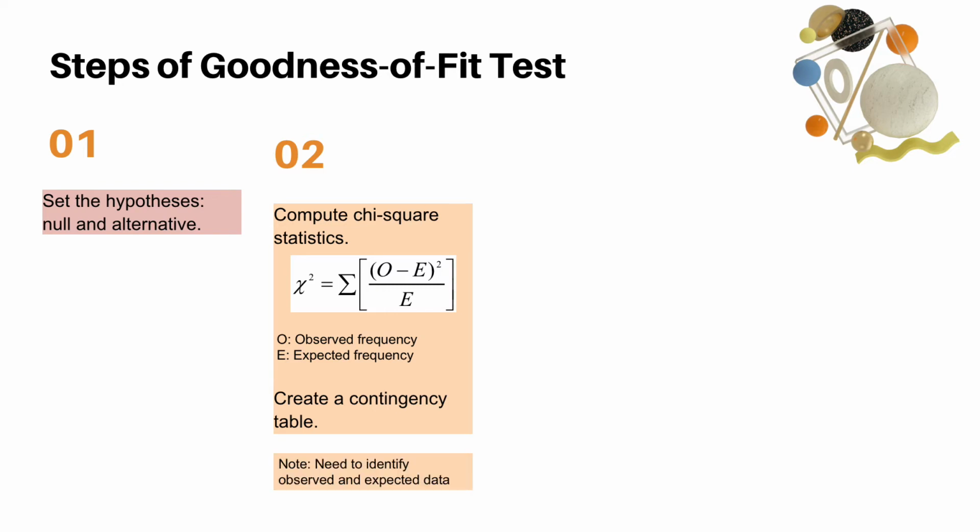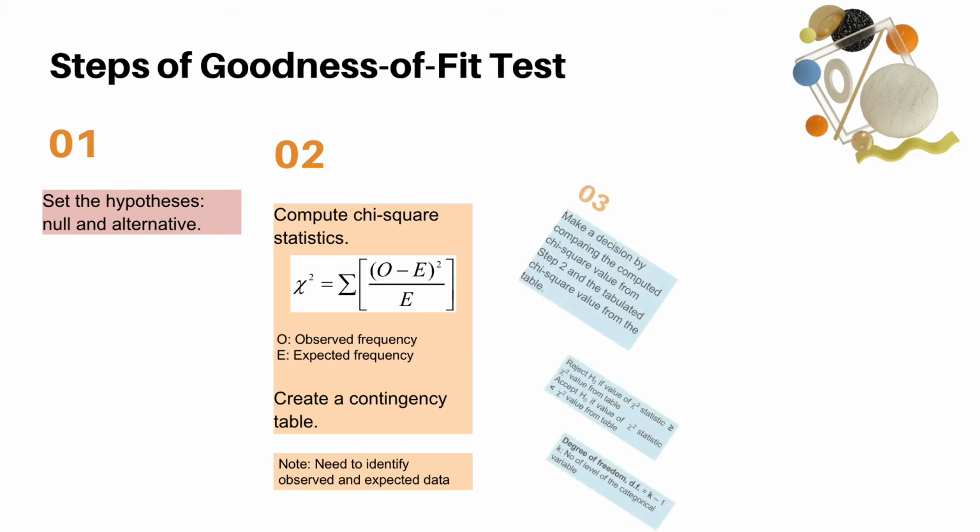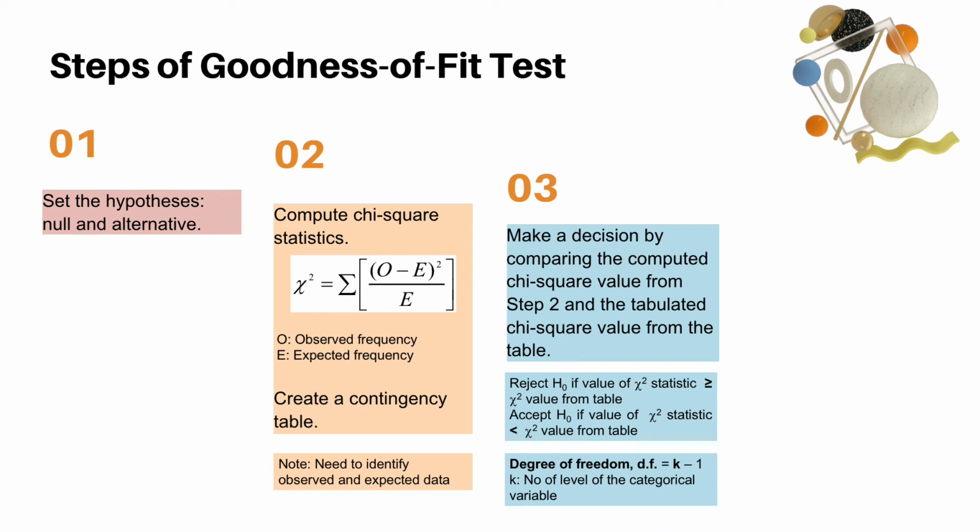Additionally, we need to identify the observed and expected data from the equation because sometimes it might not be given directly. The third step is to make a decision by comparing the computed chi-square value from step 2 and the tabulated chi-square value from the table.